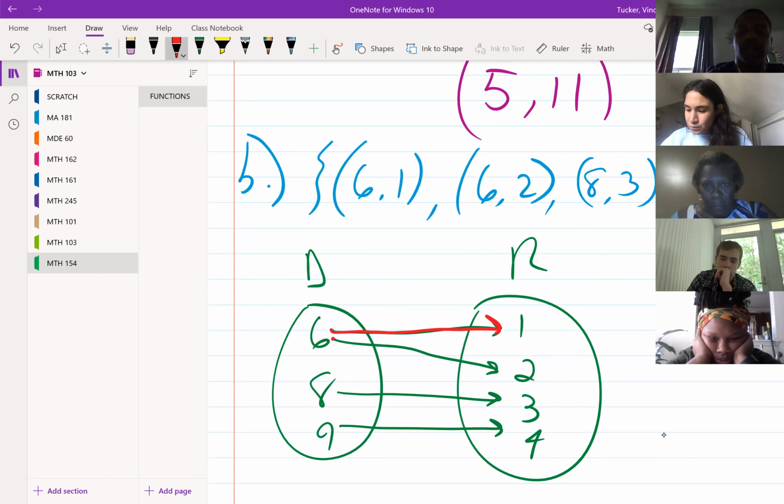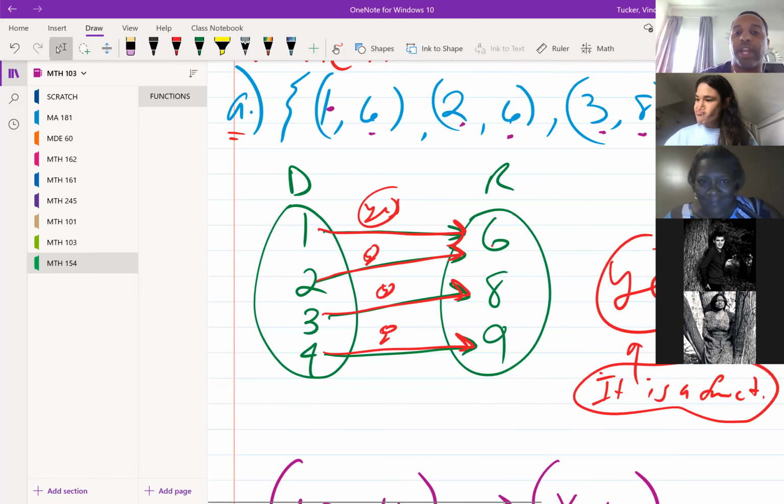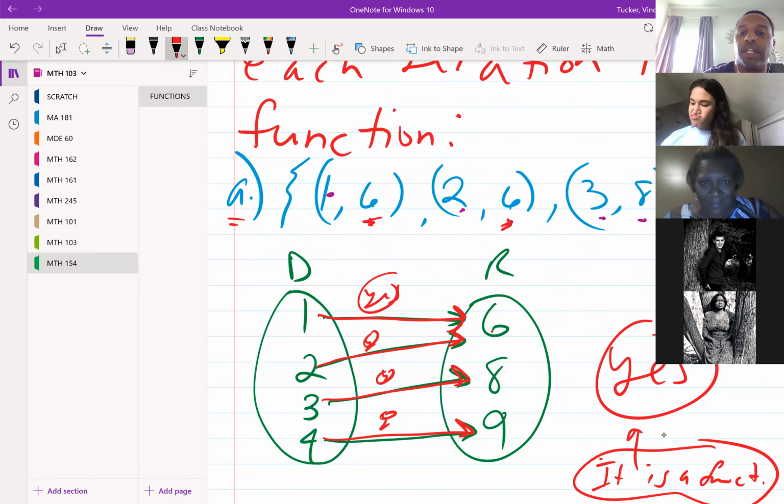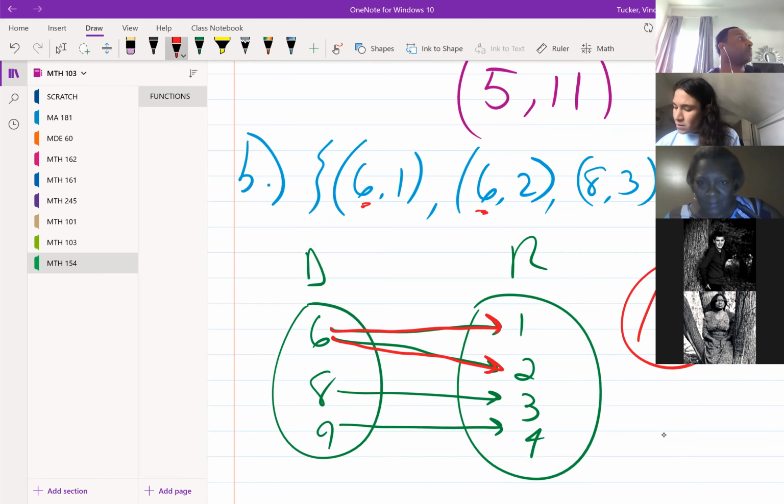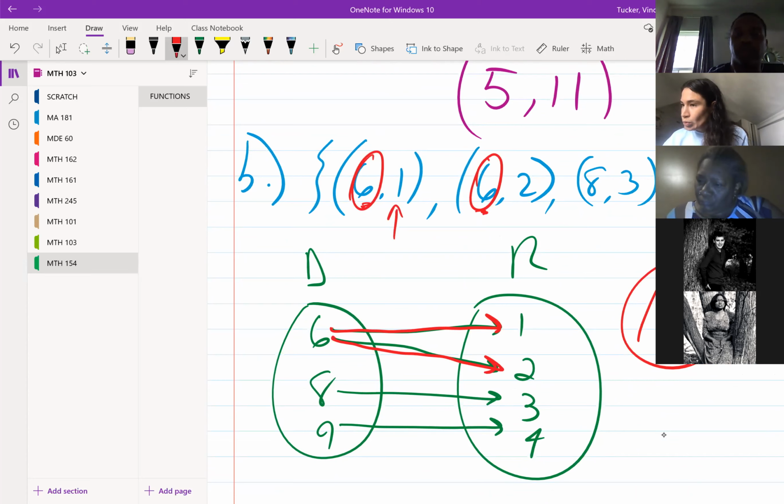You can have repeated values in your range, but you cannot have repeated values in your domain. Being even and odd has nothing to do with it. It's really about, does a value in your domain go to more than one value in your range?